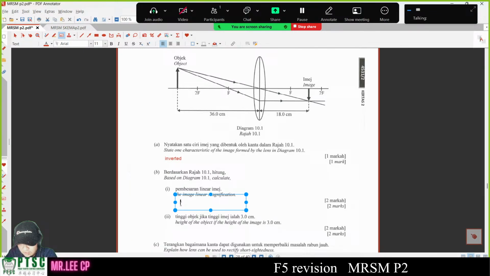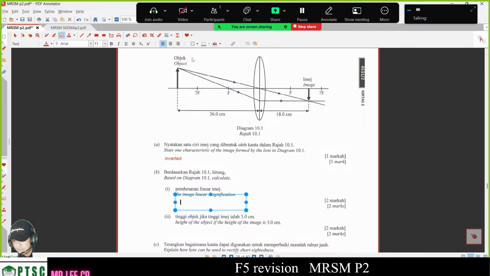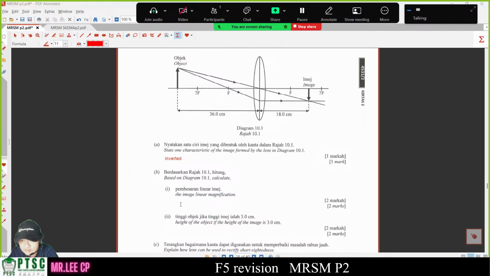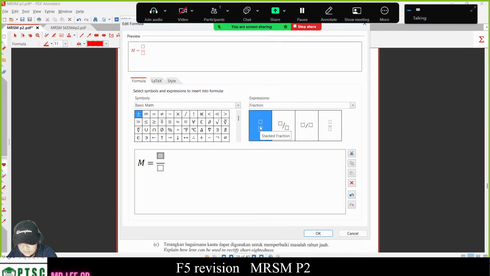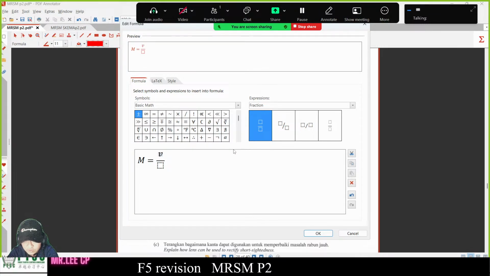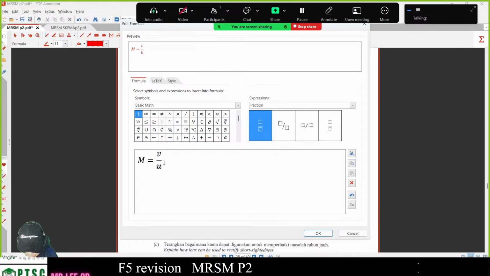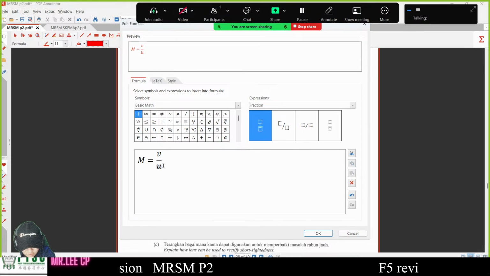So linear magnification is equal to distance of the image over distance of the object, v over u.